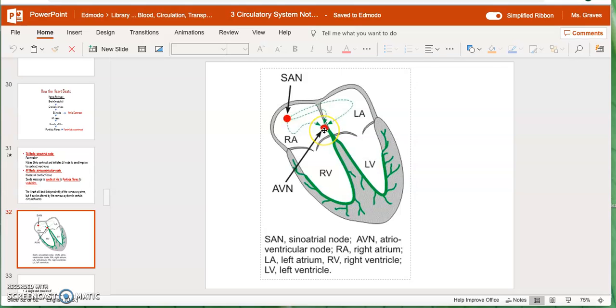When the AV node gets a signal from the SA node, so SA to AV, the AV node alerts the bundle of His, which is right around in this area. The bundle of His then sends a signal to these Purkinje fibers. So you can see all these fibery looking things surrounding the ventricles. These Purkinje fibers are what cause the ventricles to contract.